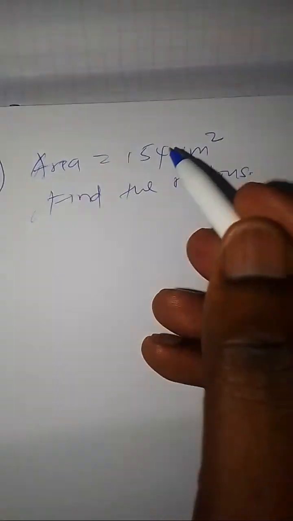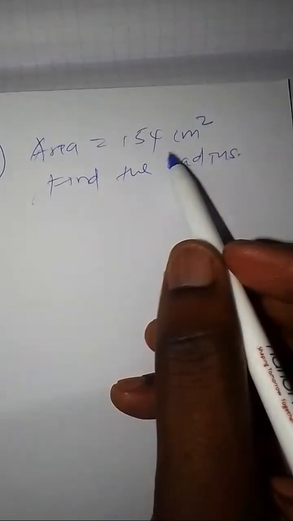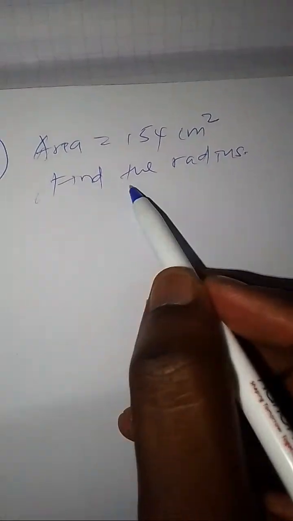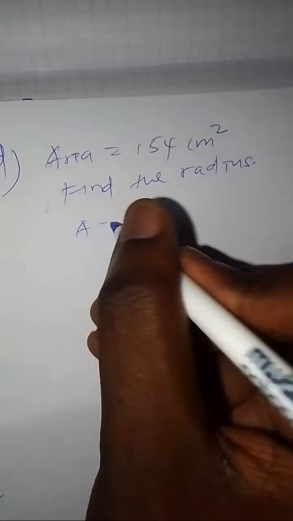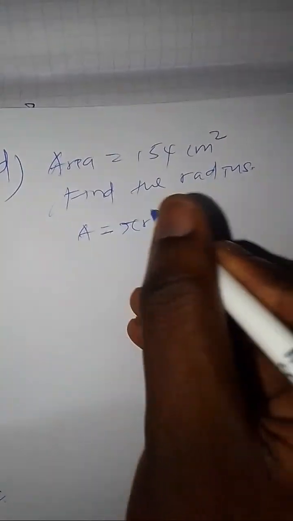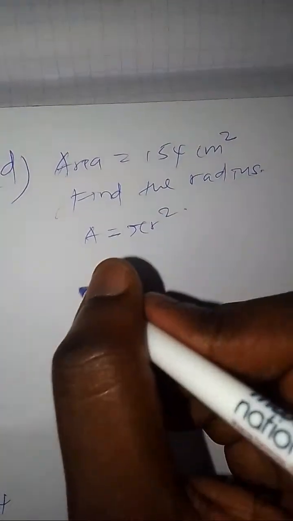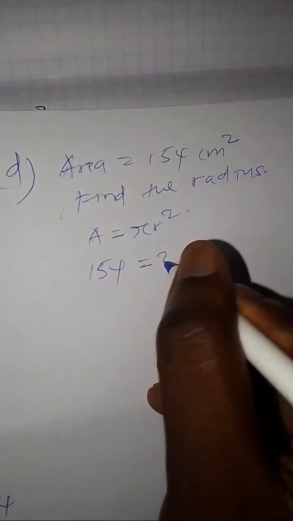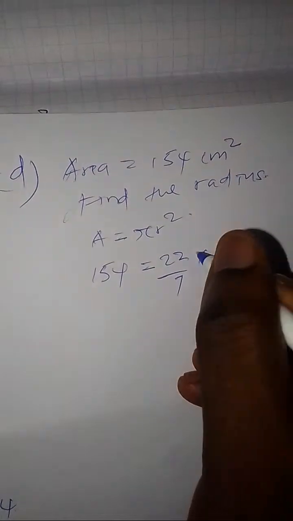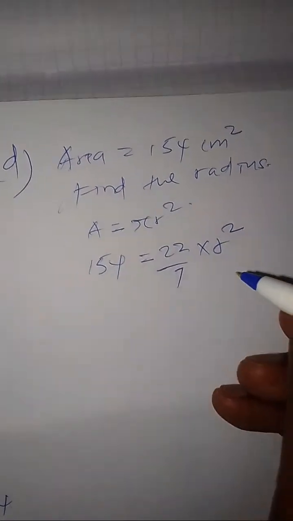So how do you work out this one? When the area is 154 square centimeters, and you're asked to find the radius, we just work out the formula that says area is pi r squared. So our area is 154, that is equal to 22 over 7 multiplied by r squared.